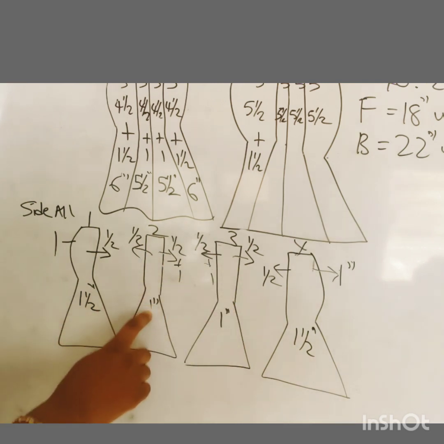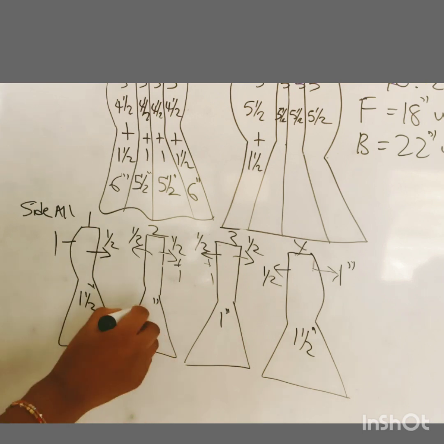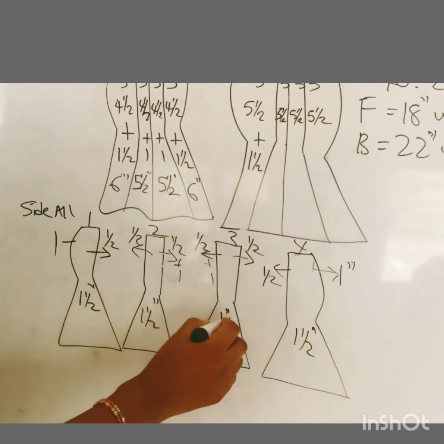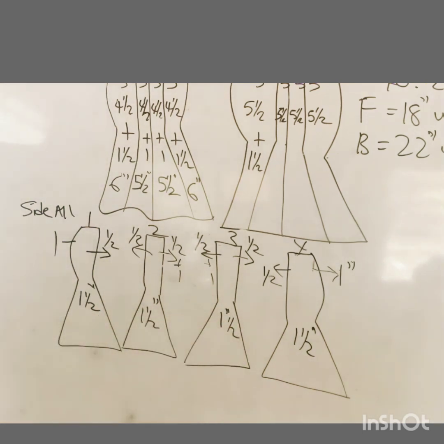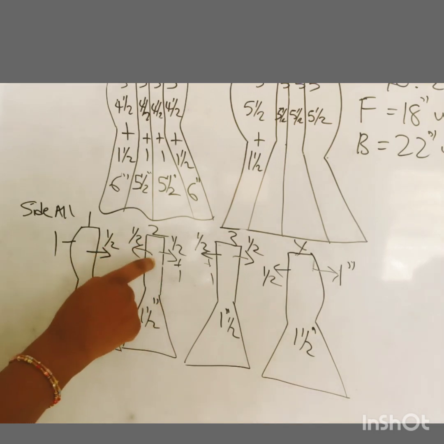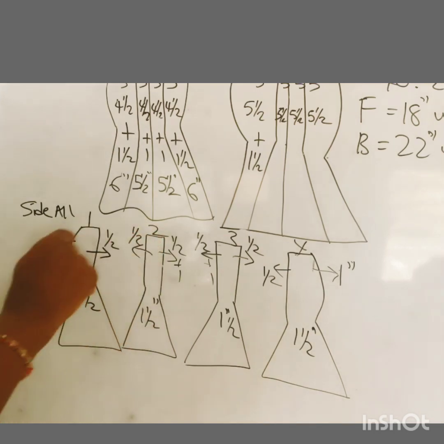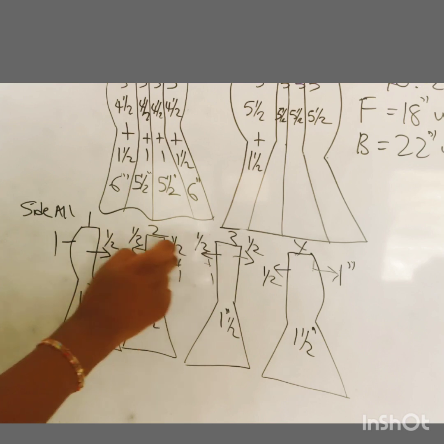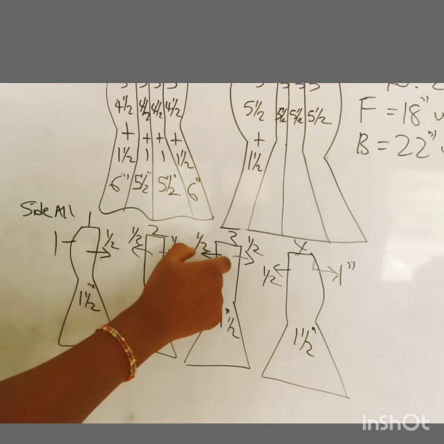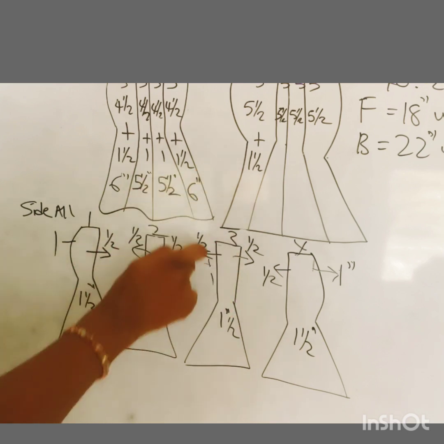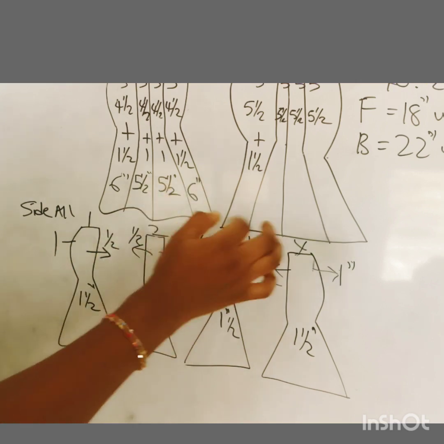So we are going to have 1.5 for this, for the middle. The reason why you are having 1.5 is that you are going to use half to join 2 to 1, and then 1 inch to join 2 to 3, and there will be zip at the center.